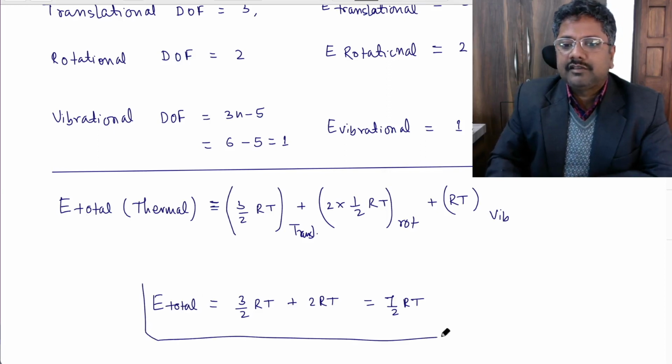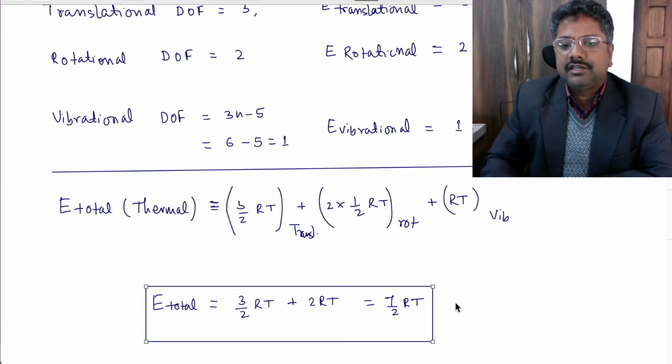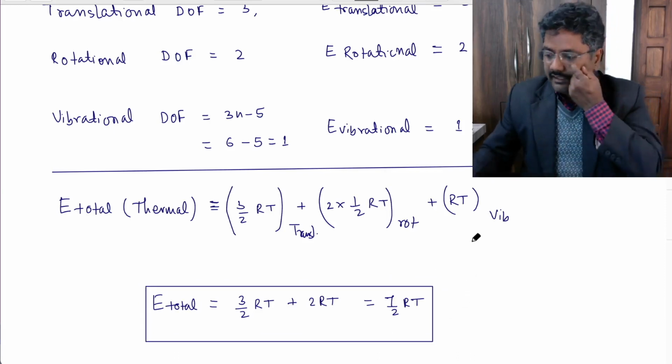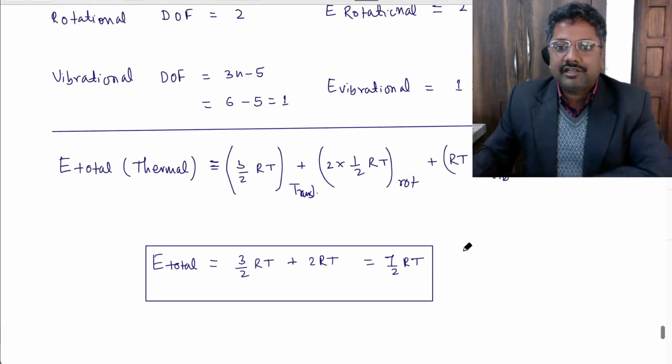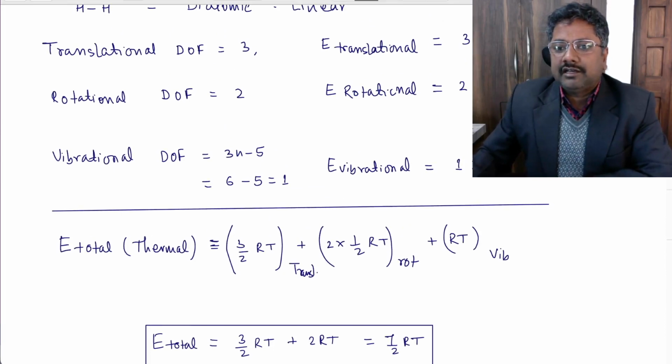Okay. So for a diatomic molecule, you can calculate E total in this way. Depending on the temperature T, you can ignore this. At room temperature, the contribution of this is very low.